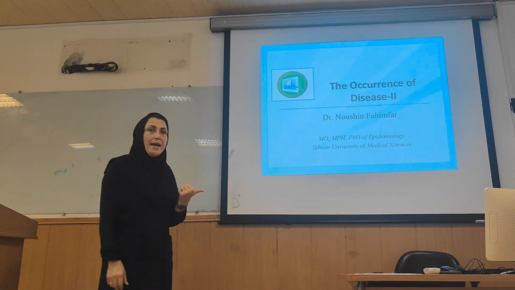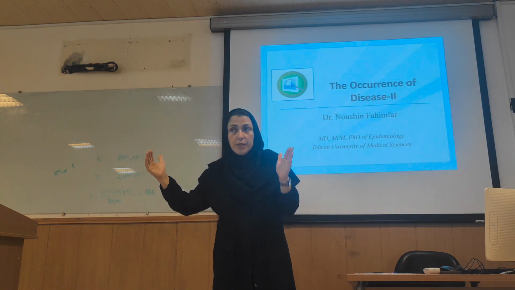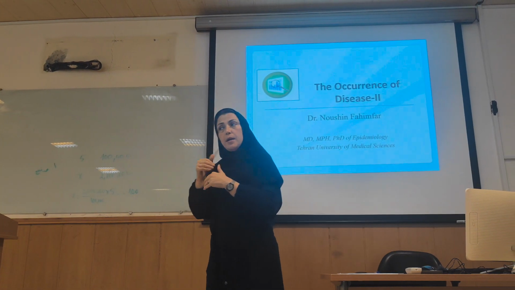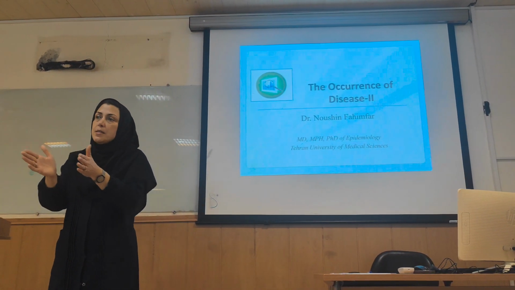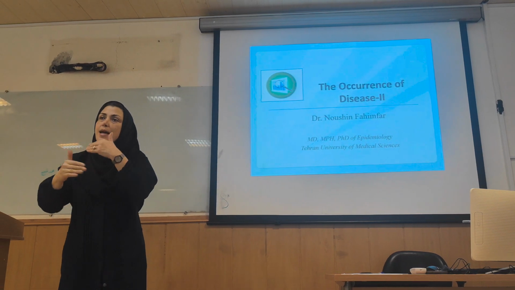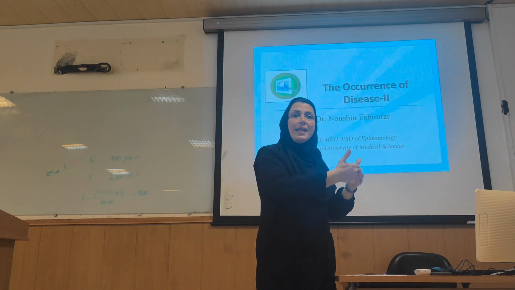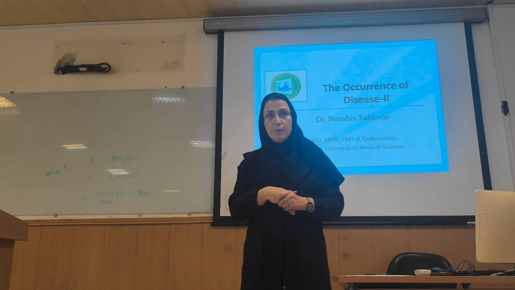I told you that if a disease has longer duration, the prevalence would be higher, because during some years we have some incident cases and they are cumulatively added to each other, and the prevalence might be higher. Okay?